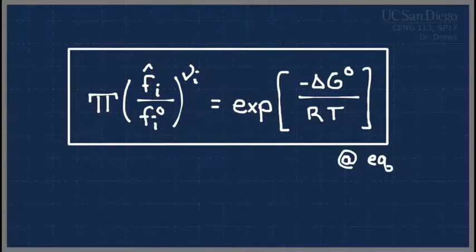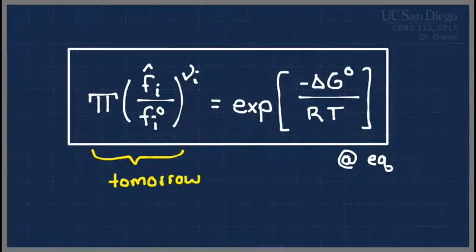That is where we got to when we started off with saying any change for a real system in its Gibbs free energy always ends up going down. The equivalent statement for that is this expression that we've got right here. That was what I had written at the beginning of the lecture, so we're going to figure out this one tomorrow. And we're going to focus on this one, the right-hand side, today.